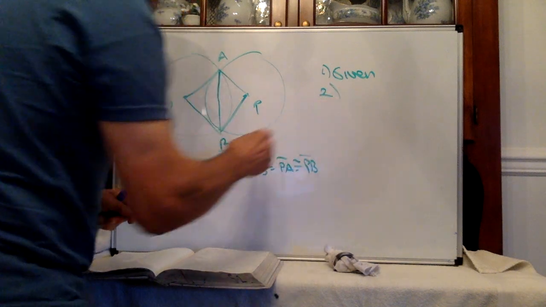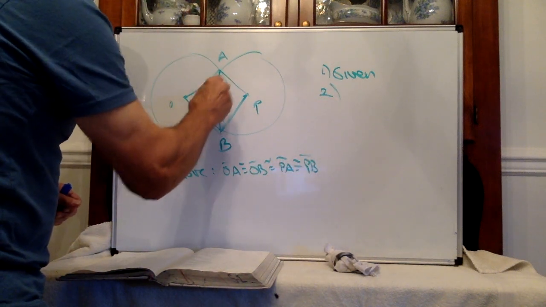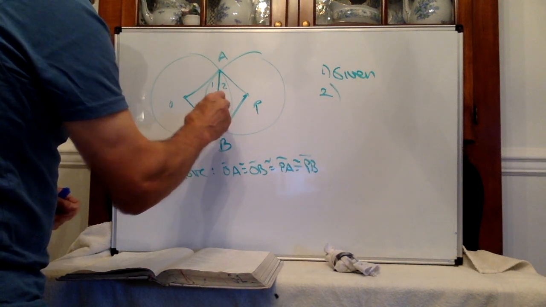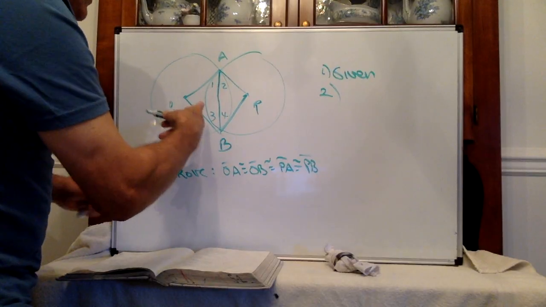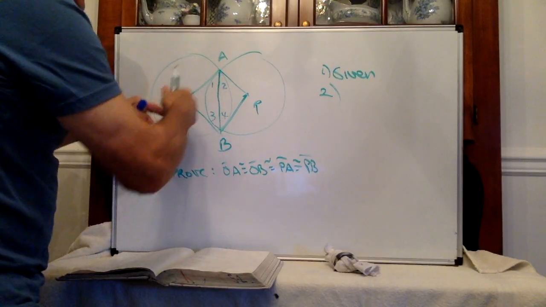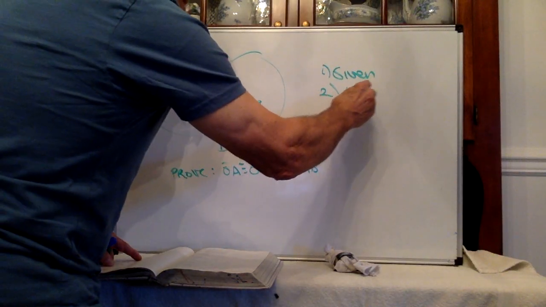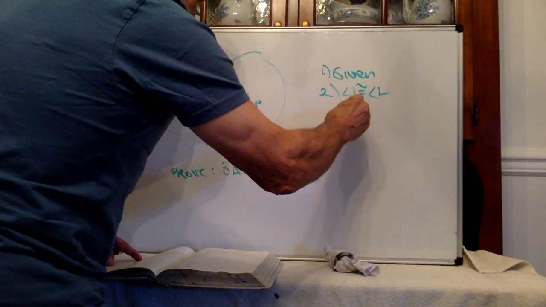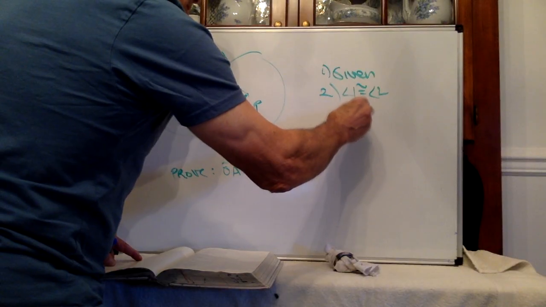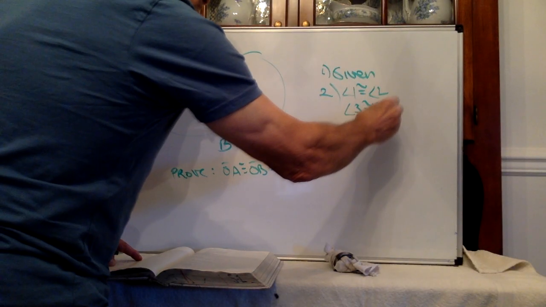First entry, you're given. All right, now call that 1, 2, 3, and 4. Since you were given that AB bisected this big angle and it also bisected that, I know angle 1 is congruent to angle 2. I know angle 3 is congruent to angle 4.